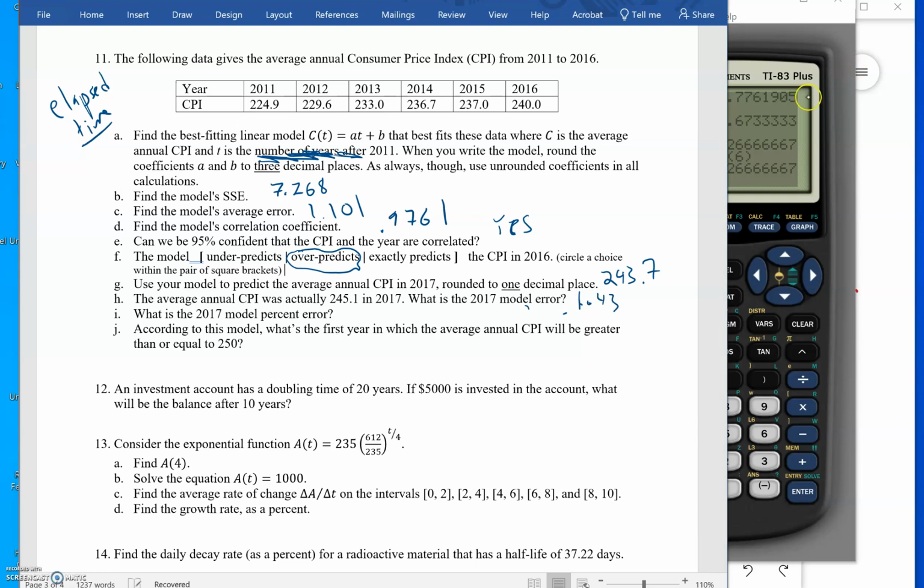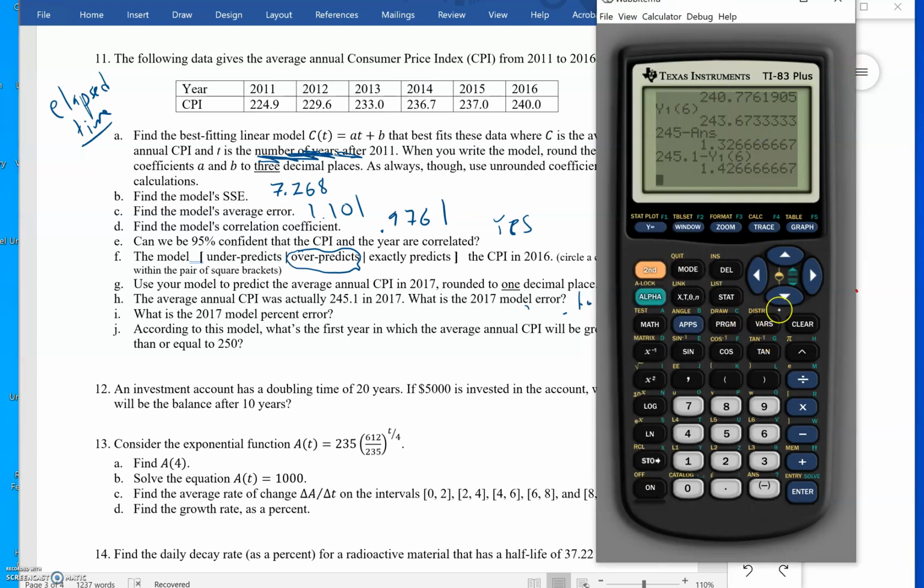Sorry about that. And then now our percent error is that model error divided by the actual, which is 245.1, times 100. And so it is 0.58%.